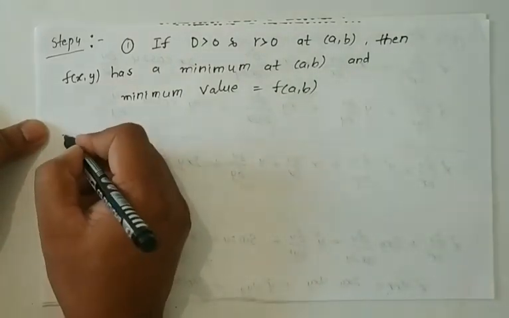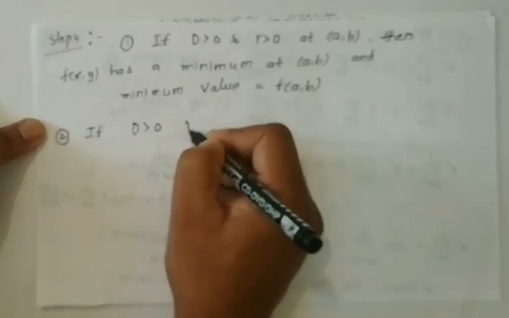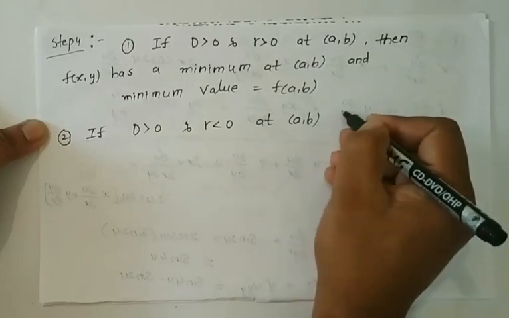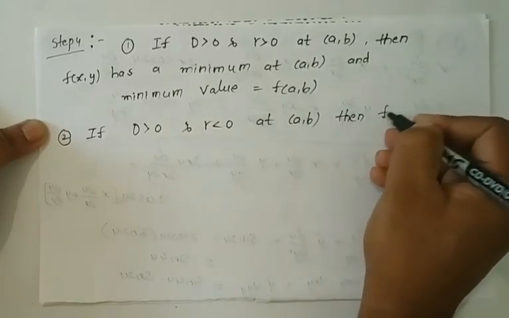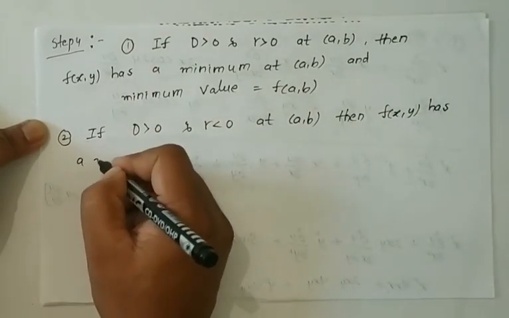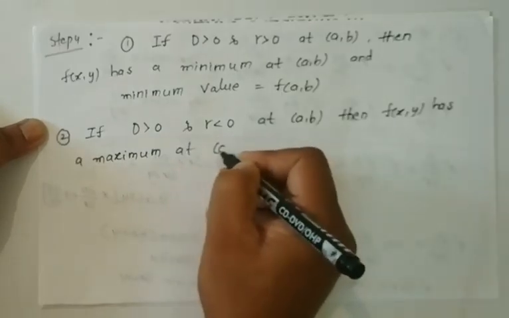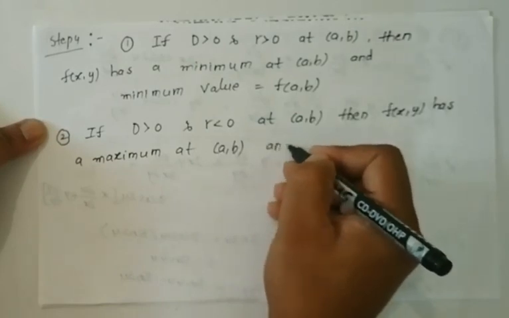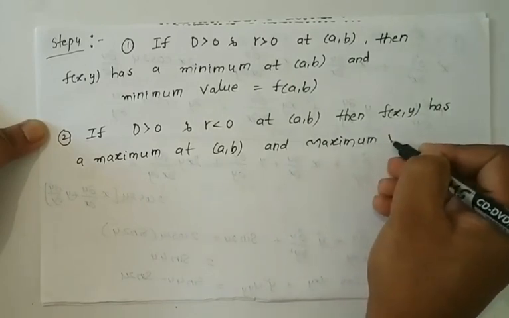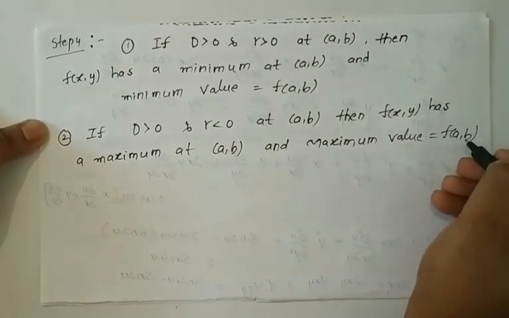Second one: if D greater than 0 and r less than 0 at a comma b, then f of x comma y has a maximum at a comma b, and the maximum value is f of a comma b.